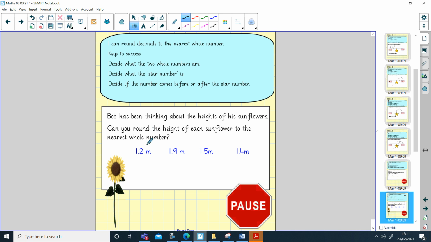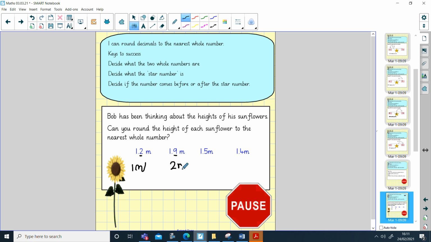Okay, so I'm looking at 2/10 in this number. So 1.2 would round down to 1 metre because it's 2. So 2 always rounds down. Then I've got 9/10. Thinking about my rule, 5, 6, 7, 8 or 9 always rounds up, and the next whole number is going to be 2 metres.